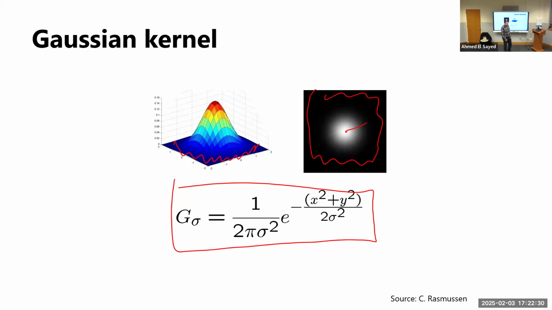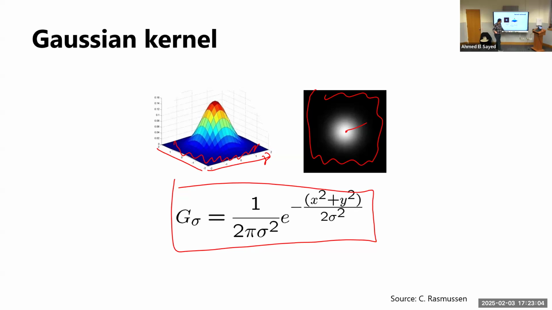How do we describe the Gaussian filter? We describe it with two things. First, the filter size. This filter, as an example, what is the size of it? Still odd. 5 by 5.